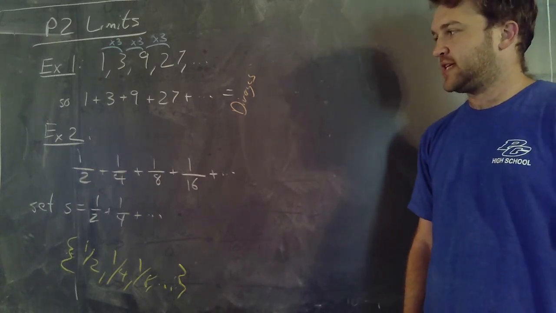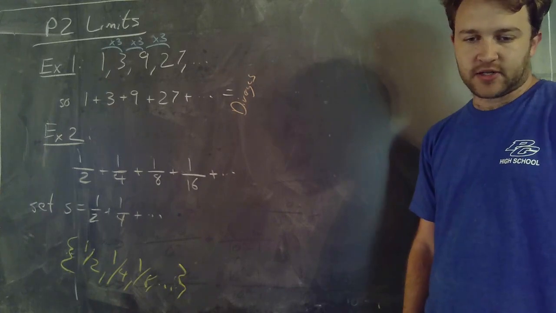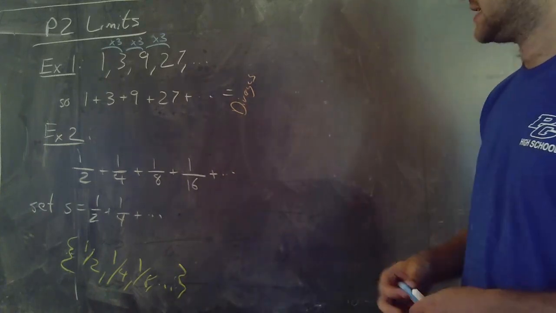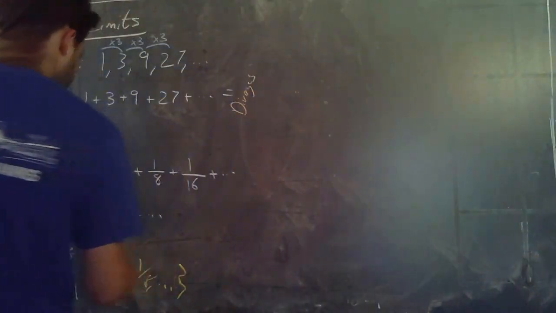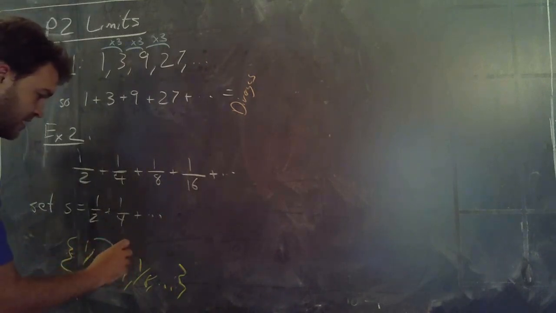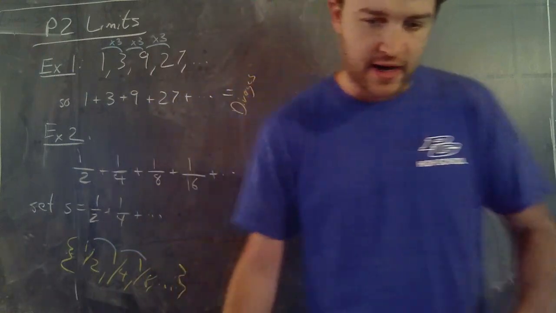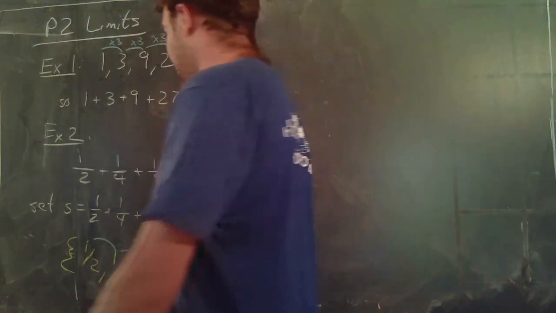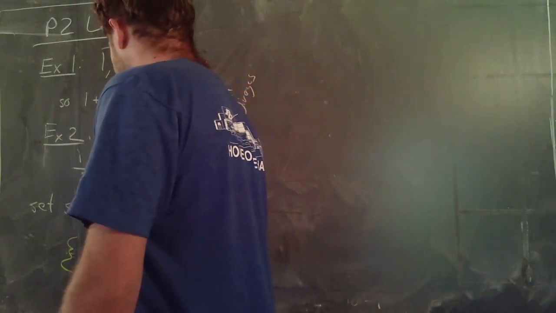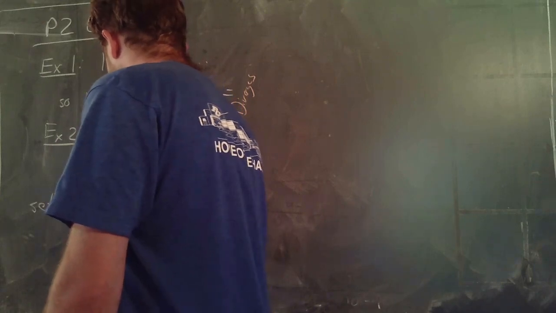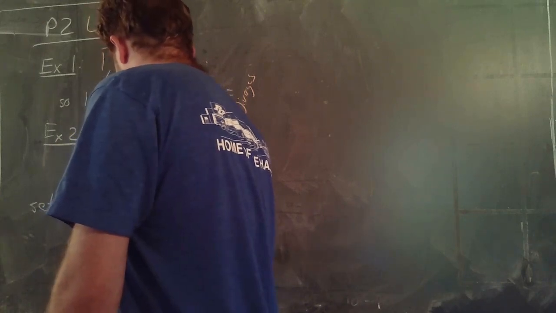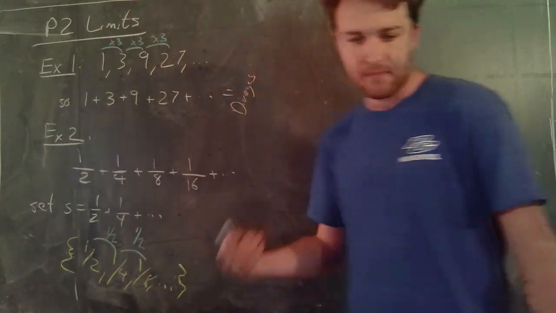And what you'll notice here is, again, we have a geometric sequence, and because it is geometric, we can produce the next term by doing some uniform multiplication over and over again. So if we start with 1/2, we can get to 1/4 just by multiplying by 1/2. And if we have a 1/4, then we can get to 1/8 by multiplying by 1/2.